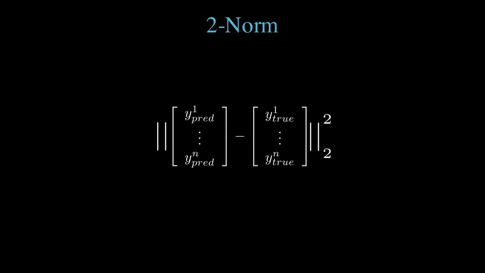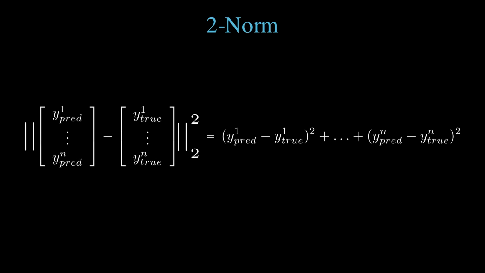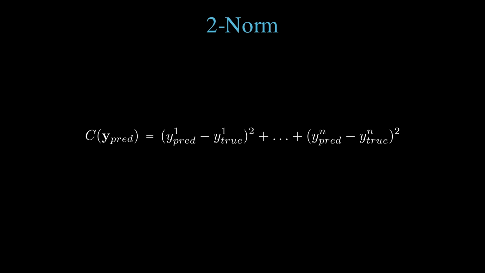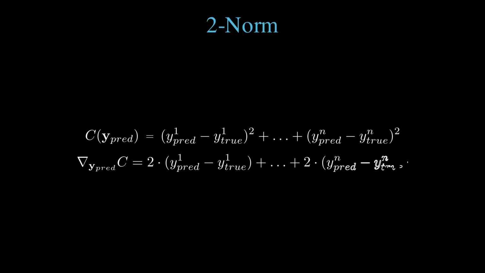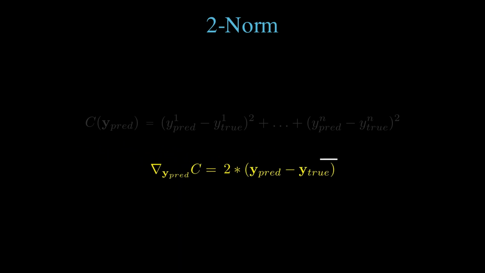The cost function we're going to use in our case is the 2 norm, which is essentially the sum of the squared difference between the desired value and our predicted value. And the derivative of this function is pretty straightforward. It's simply going to be 2 times the predicted output minus the desired output.